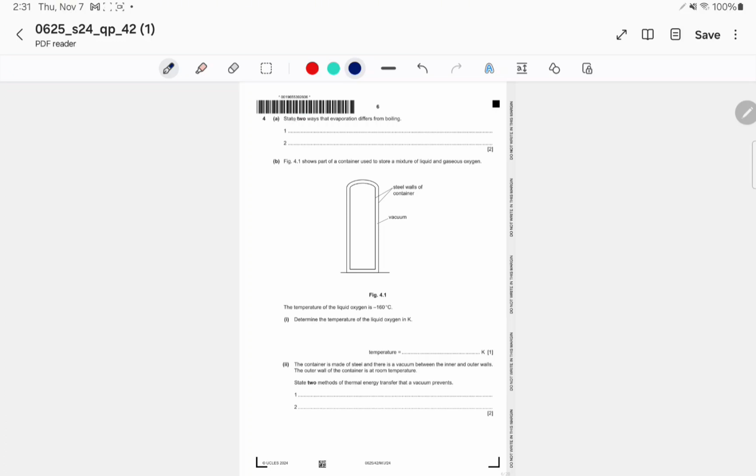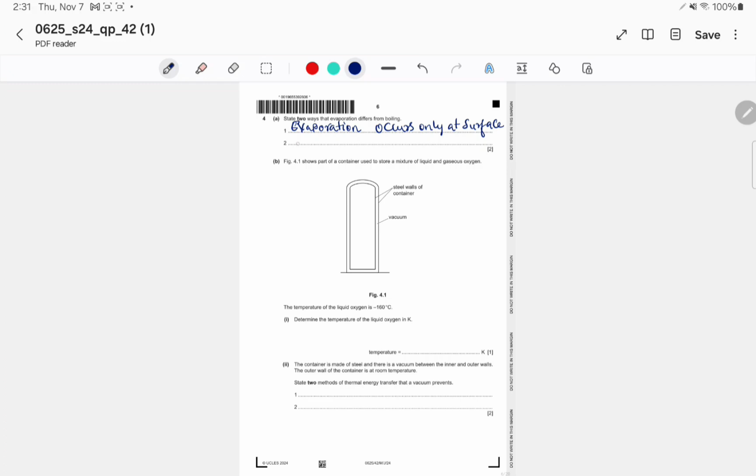So first one, evaporation occurs only at the surface, whereas boiling occurs throughout the liquid.